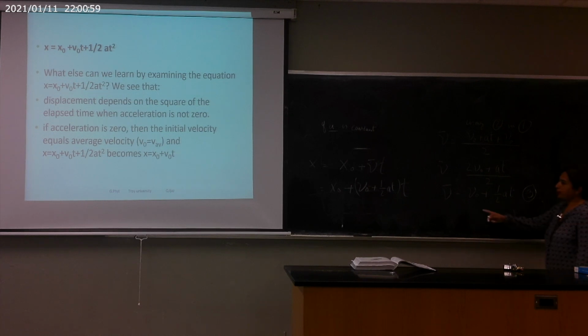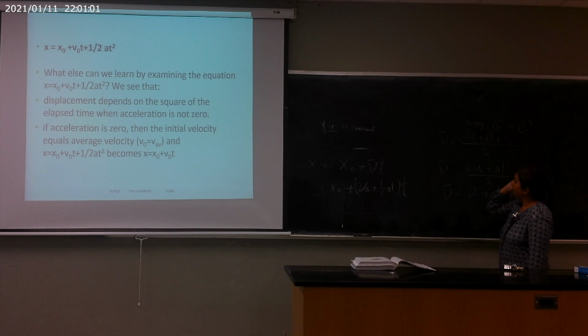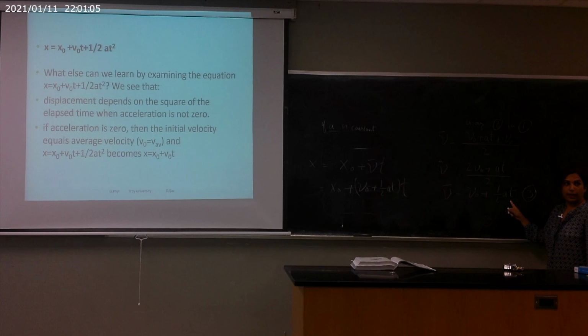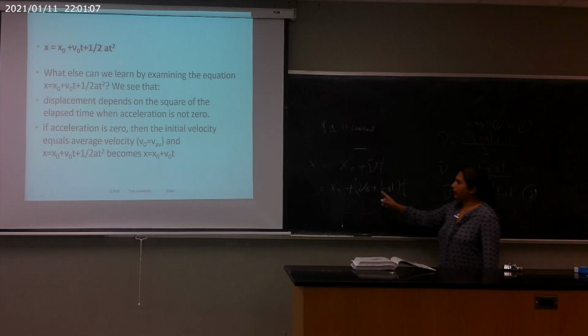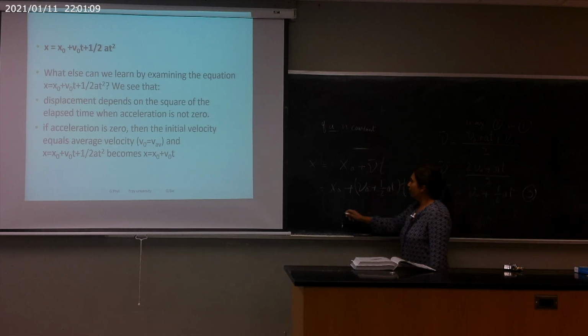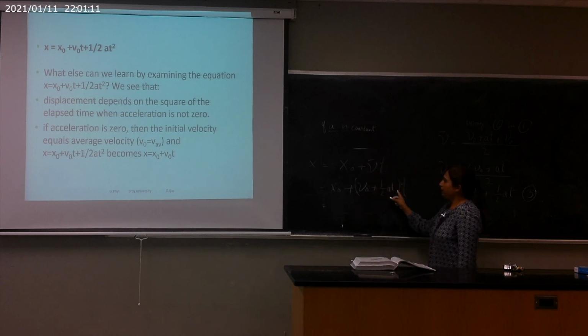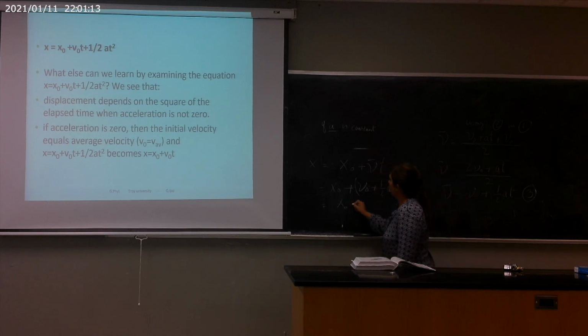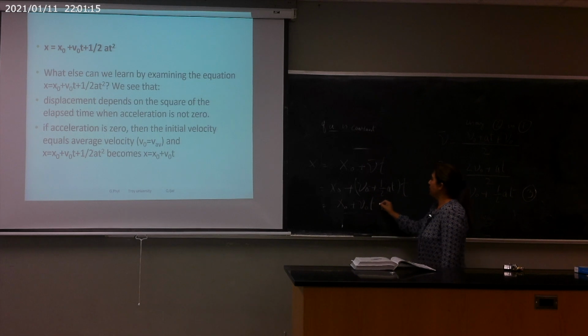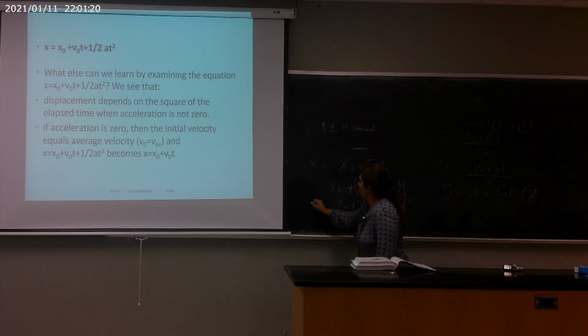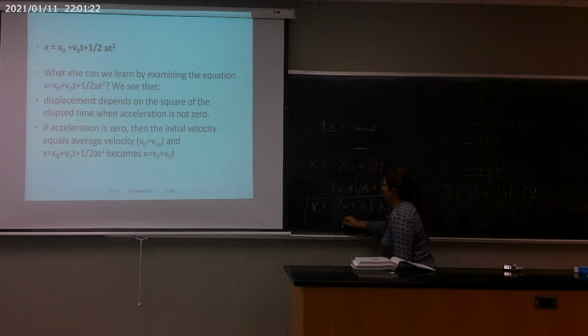So we used two equations to get V average in terms of V naught and AT. Plugging it back into the displacement equation, T gets multiplied with both: x equals x naught plus V naught T plus half AT square. That's our third equation of motion.